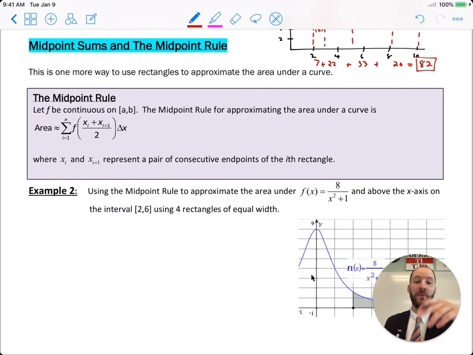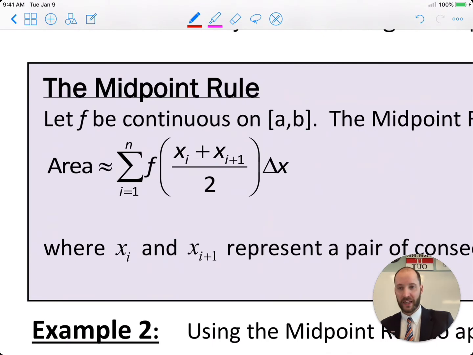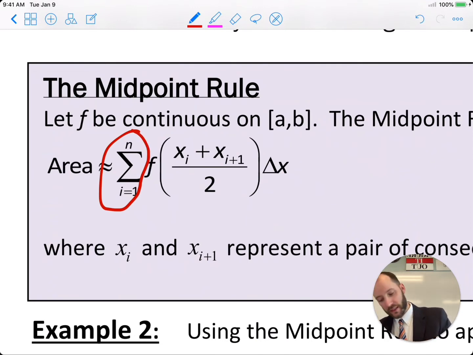Midpoint sums and the midpoint rule. You've seen a midpoint before, halfway from one point to another. This formula is really a fancy way of saying the summation of all the rectangles, of those rectangles' height and base.